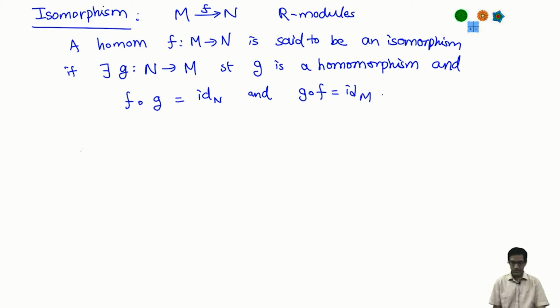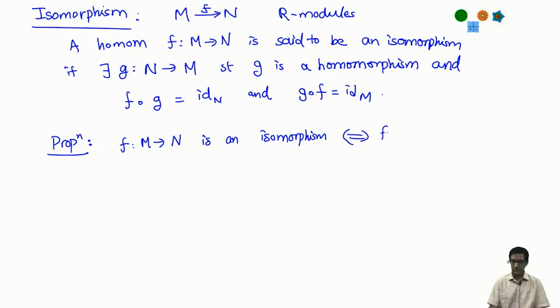Now here's a little proposition which makes it easy to check that a given map is an isomorphism. You don't really need to look for a homomorphism G in the opposite direction and so on. The proposition is the following: F from M to N is an isomorphism if and only if F is a bijective homomorphism.